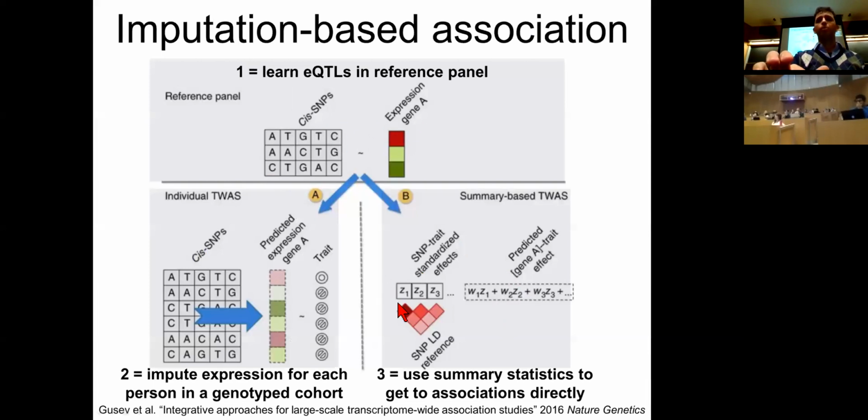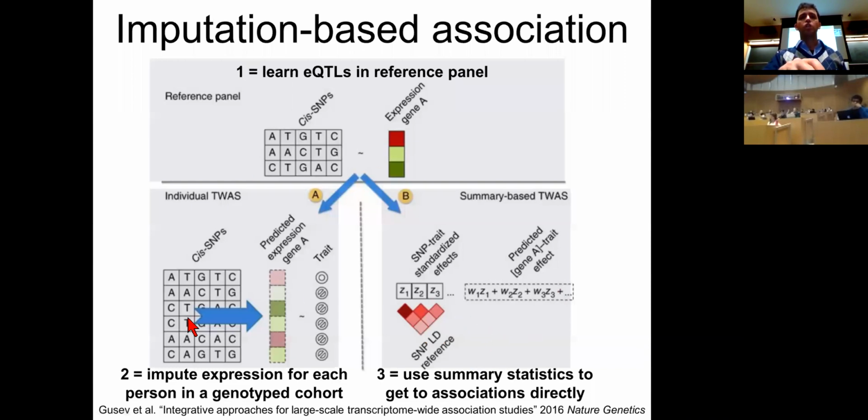That allows me to predict if expression, as inferred by the combination of these three SNPs, was predictive of Alzheimer's. I just compute it directly on the summary statistics of the association with Alzheimer's for each of the SNPs.